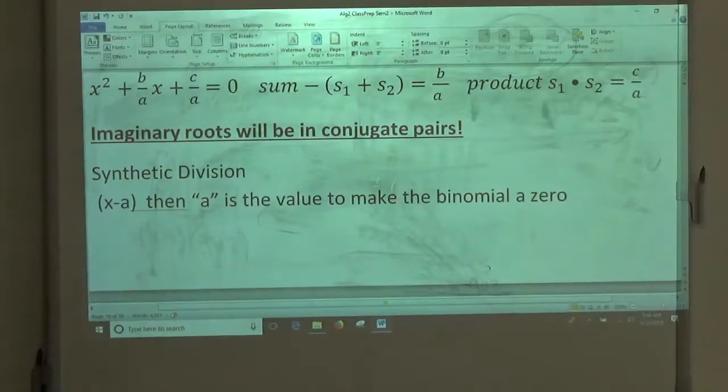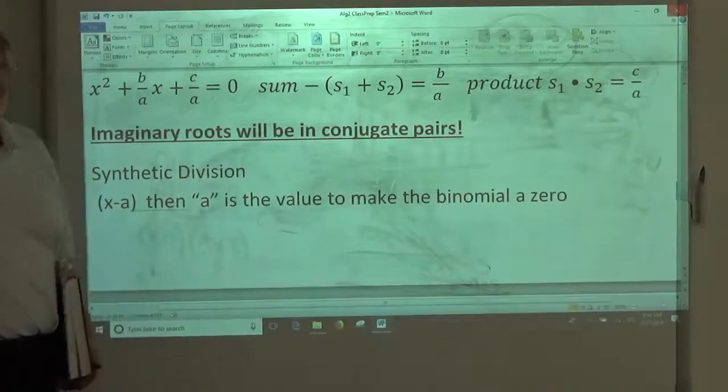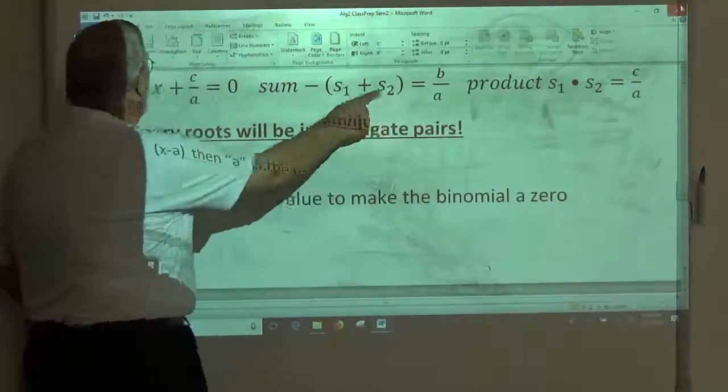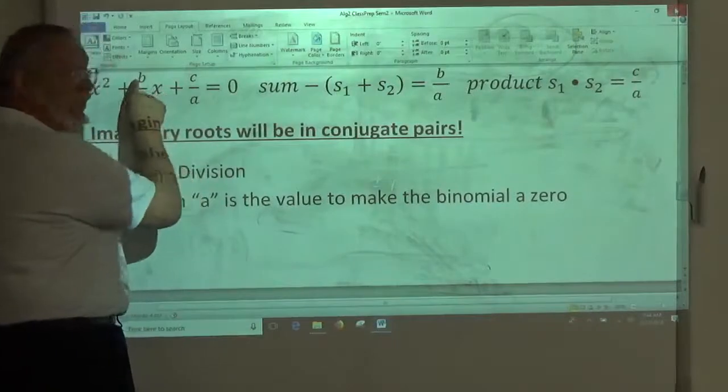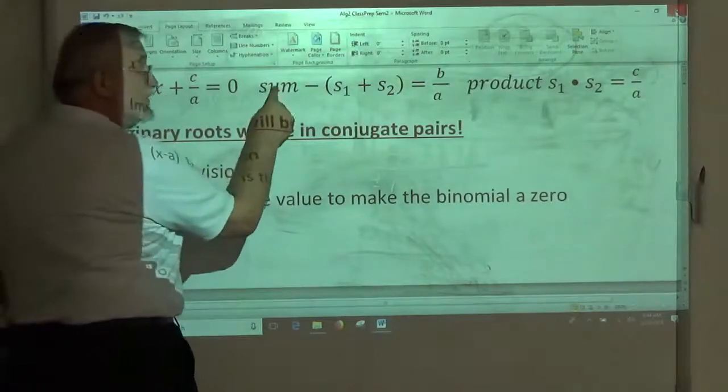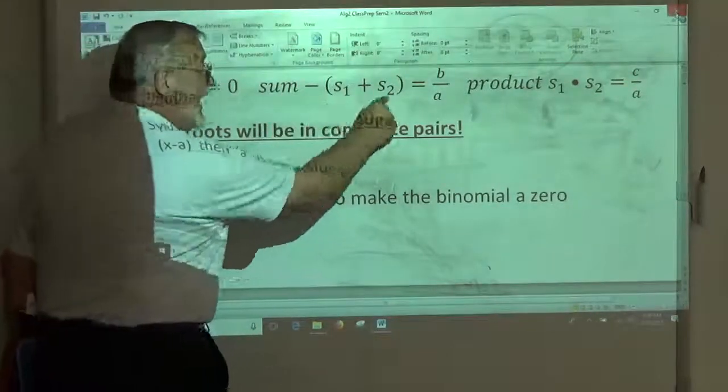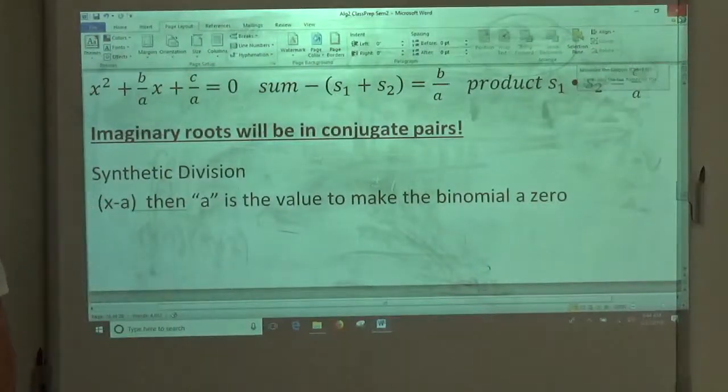Now, here's what happens. S1 and S2 are the two solutions for this equation. The middle number is the opposite of the sum of the two numbers added together.